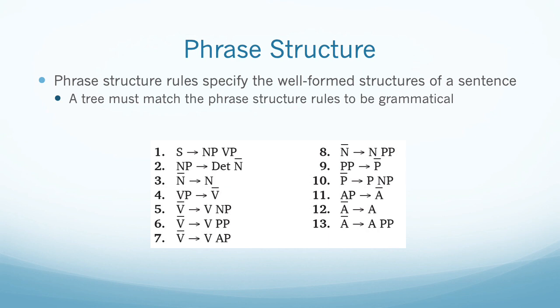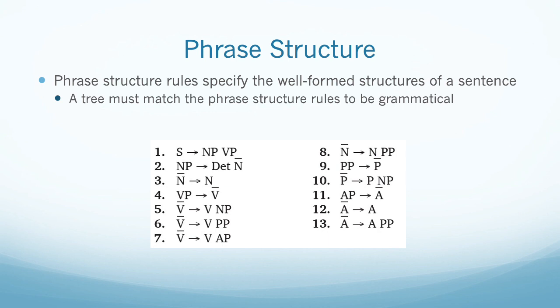And notice the N here on number 2 has that bar above it. That means it's the N bar level. It's that intermediate level. This will be easier to see when we get to the tree diagrams themselves. But that's a level that's in between the phrase level, the higher level, and then the bottom level that has the head in it.